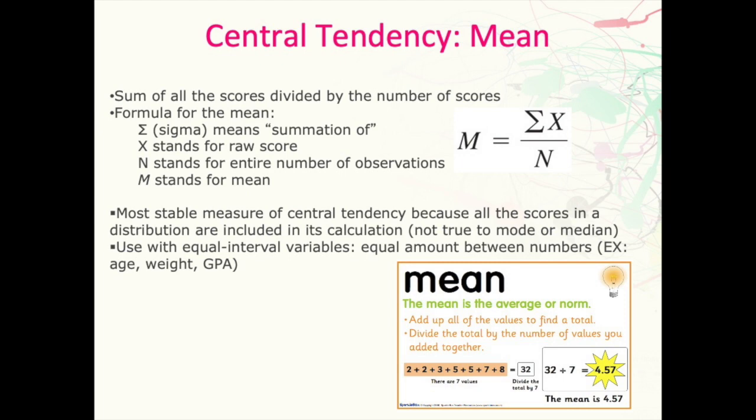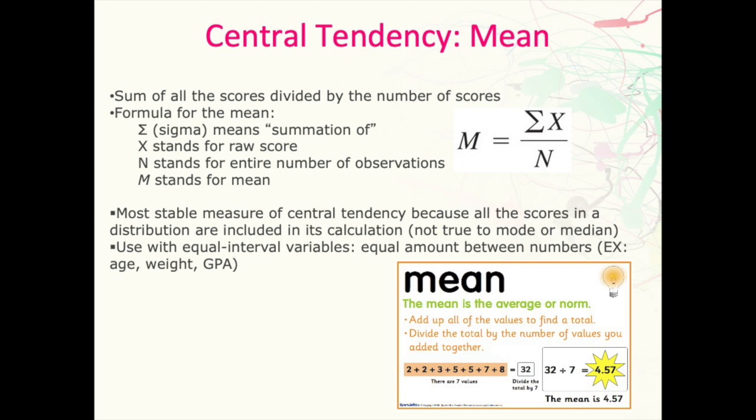The one symbol that looks kind of like an E is called sigma, and it means summation of, or add everything up after me. So in this formula, it's telling you to add up all the X's. X stands for the raw score, the score that you are collecting for your data set. N stands for the entire number of observations. Usually that's just the number of people that you have. And then M stands for the mean.